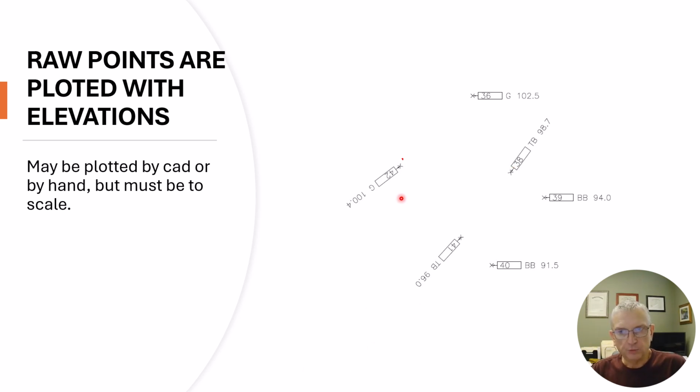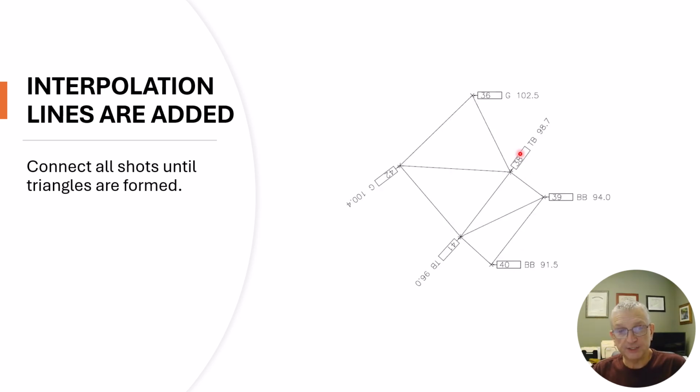So we get the points plotted, decide what we've got. Next we'll decide where our interpolation lines are. And 38 to 41 is a brake line, 49 to 40 is a brake line, so we definitely want to start with those, and we'll connect the other dots.